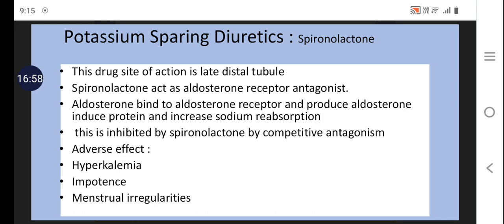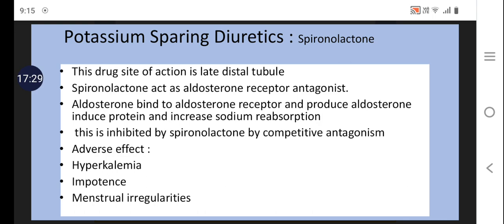But this normal physiology is inhibited by potassium-sparing diuretics. These drugs competitively inhibit the binding of aldosterone with the aldosterone receptor. They are competitive antagonists of the aldosterone receptor, so reabsorption of sodium cannot occur.